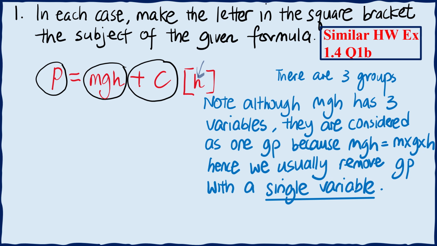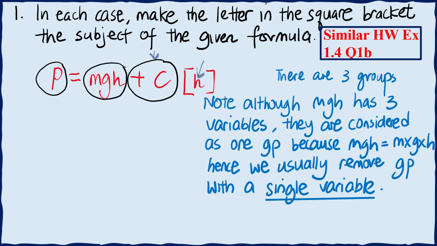There are two groups with a single variable. One is your P, and one is your positive C. But because we're going to make the letter H the subject, and your positive C is beside MGH, we need to remove positive C first.